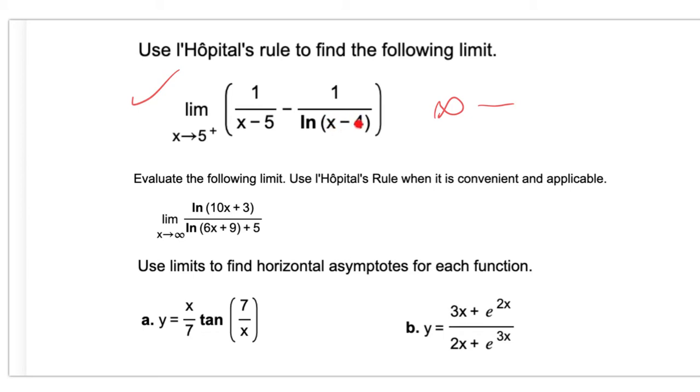As the number inside the parentheses gets smaller, then the whole ln of x minus 4 gets smaller. And for the exact same reason as this one, where the 1 stays the same but this gets smaller, smaller, smaller, that's going to be another infinity.